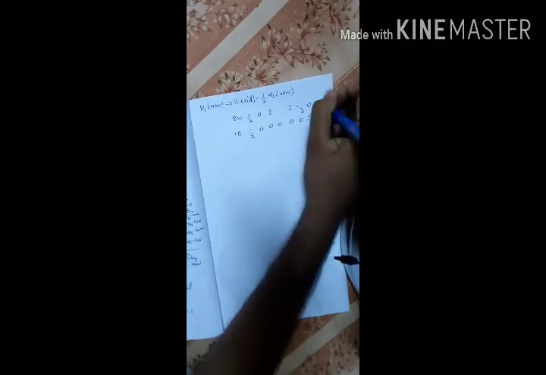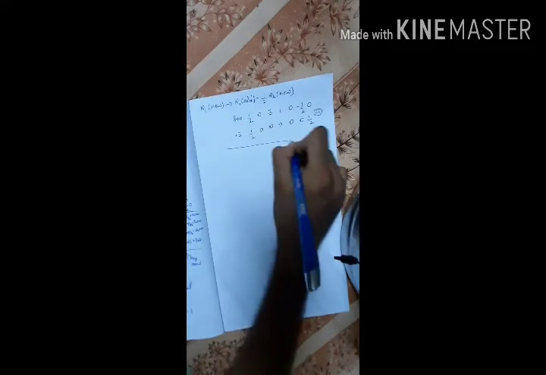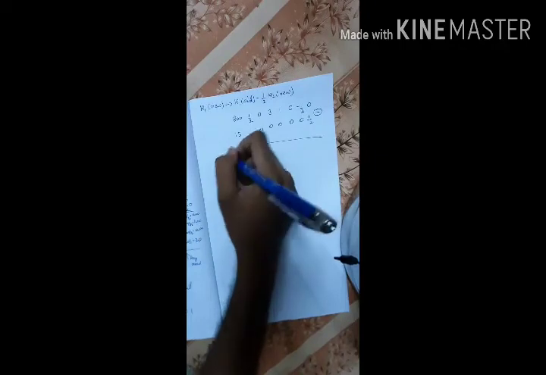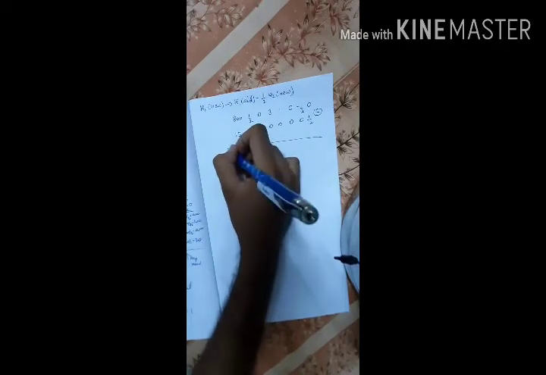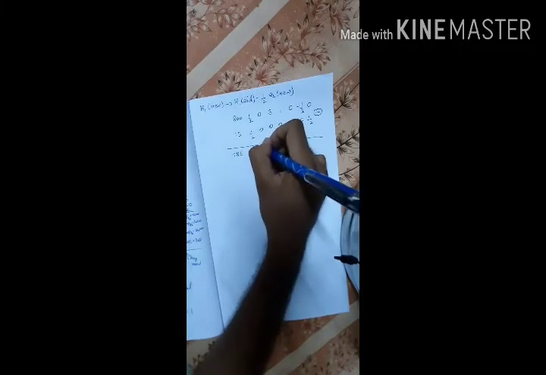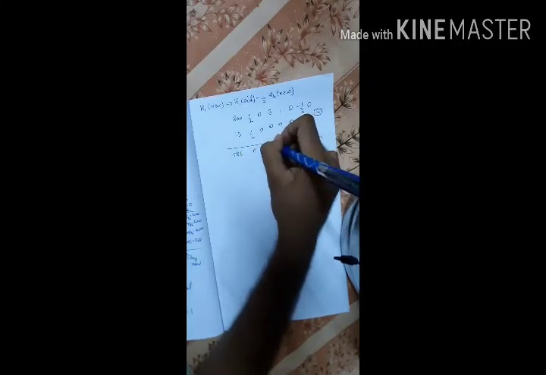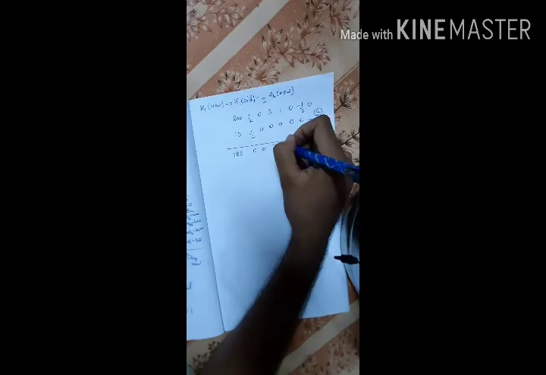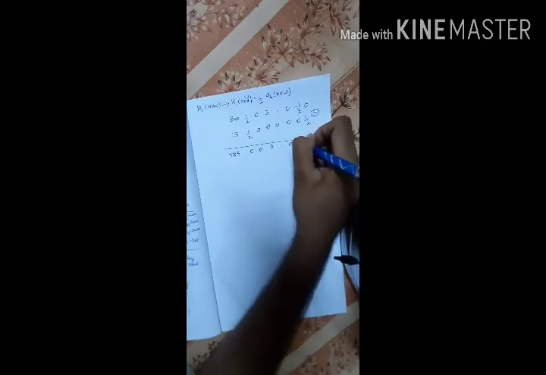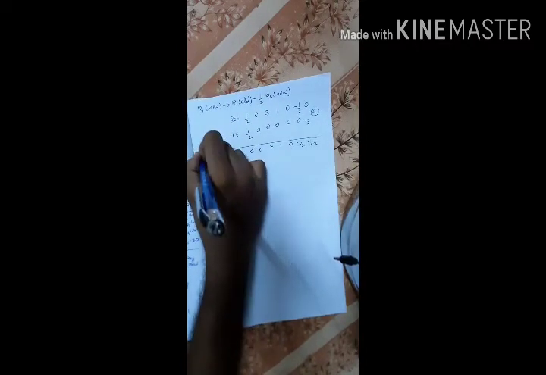Here the sign is negative. Okay, so here the values are 785, 0, 0, 3, 1, 0, negative 1 by 2, negative 1 by 2. So this is the new R1.